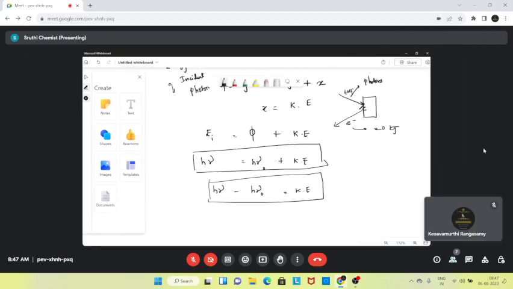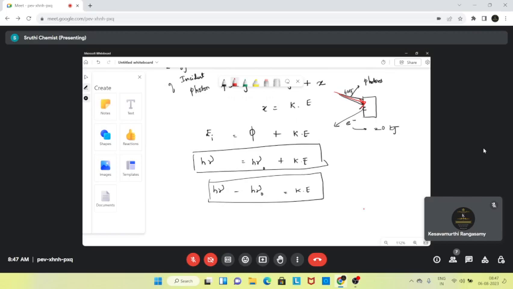Yes, we will solve one more question based on this. During this process, it's an instant process actually. When a photon strikes the metal surface, the electrons will not take much time to eject from the surface.